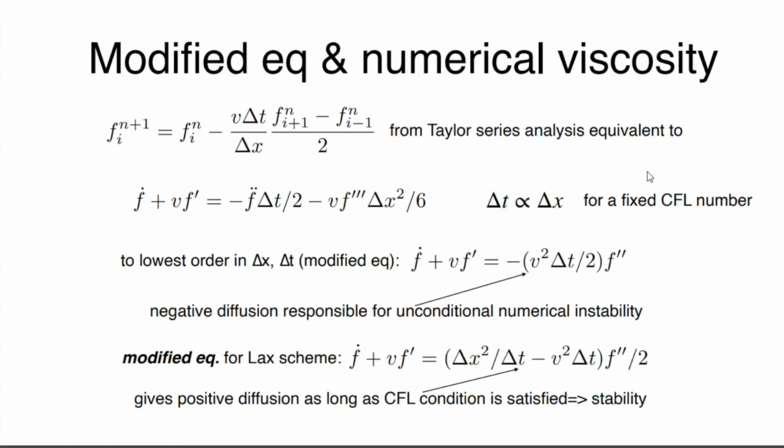Sir, if you see the right-hand side of the modified equation for the Lax-Friedrichs scheme, as delta X and delta T tend to 0, it might not be consistent. You're assuming delta T and delta X to be proportional. Yes, right. So this is order delta T, that's order delta T. So this is consistent, right? If you make your delta X and delta T go to 0 such that they are proportional to each other, this goes to 0.